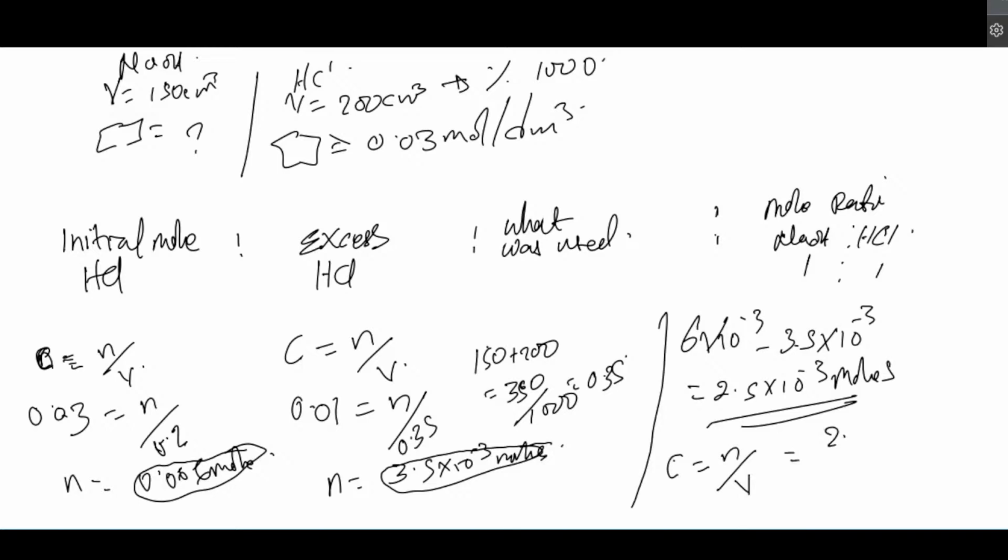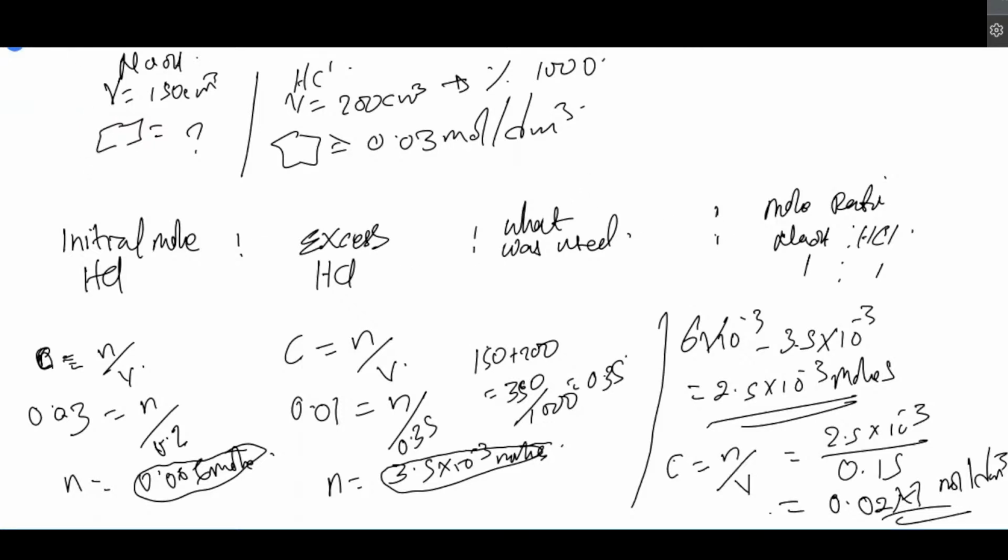The number of moles is 2.5 times 10 to the power negative 3, divided by the volume of sodium hydroxide, which is this, divided by 1,000. Therefore, it's going to be 0.15. So the answer I get is going to be 0.02 molar. Either molar, or you can say moles per decimeter cubed.